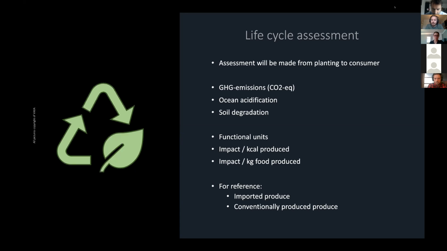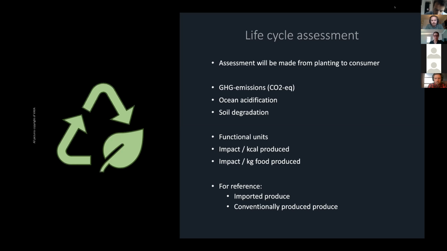As we all know, leafy greens, which, sorry, I forgot to mention, the main bulk of their production is leafy greens. So we have lettuce and herbs, which have good nutritional value regarding vitamins and minerals, but are quite low in calories. So we're also going to see if it's more appropriate to do impact per kilogram of food produced.